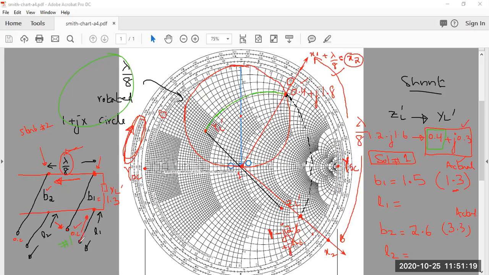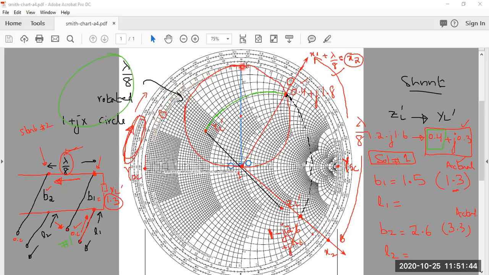And then as you move and reach this point, this L1 is increasing. And because you are moving towards the generator, we will be using this scale. So I will start from this point, and where I will stop is where I get the value 1.3. So you need to keep looking at this scale reading, this one.